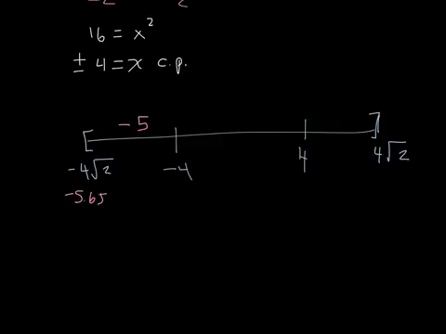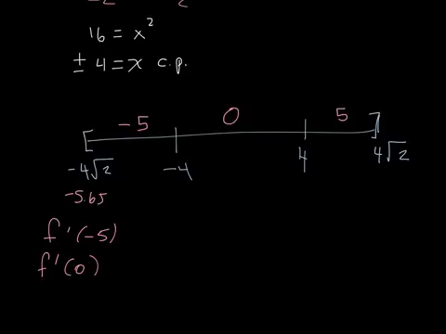In here, of course, I'd plug in 0, and then in here I'd plug in 5. I plug into my derivative, because that tells me where it's increasing or decreasing.